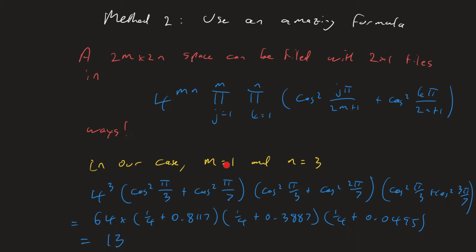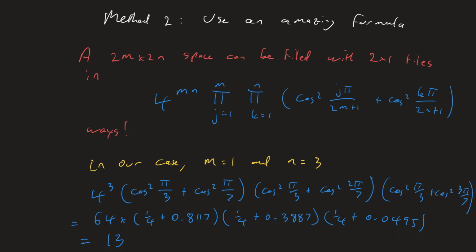For today's question, we had a 2 by 6 space, so that means m equals 1 and n equals 3. Substituting these values in gives us 4 to the power of m times n, 1 times 3 is 3. And then we've got a product of j equals 1 to 1, so we just take j equals 1 here.